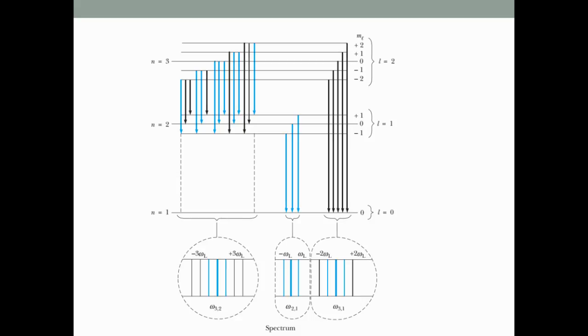But more commonly, the splitting into 4, 6 or even more unequally spaced lines are seen. That is anomalous Zeeman effect. I will discuss the anomalous Zeeman effect in the coming section.